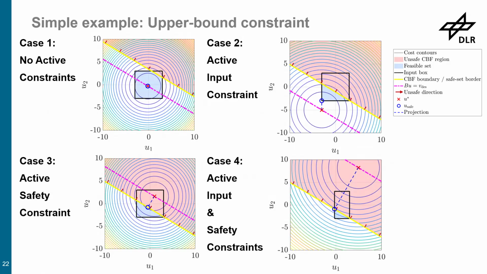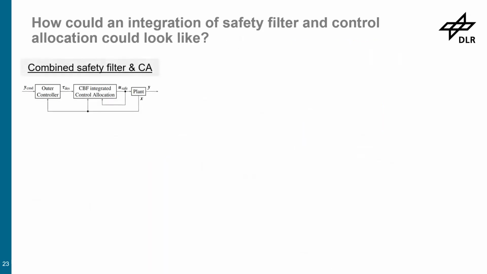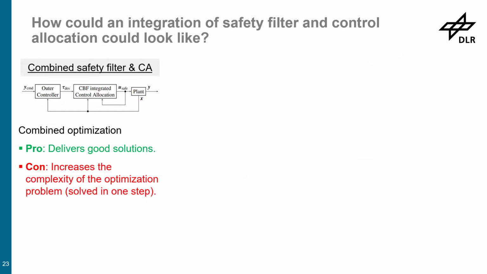This is what we saw in the control allocation problem: when you combine everything and construct the safety QP with all the constraints, you get very good solutions, but the complexity increases, right? If you have a lot of control inputs, say a system with 50 or 60 input variables and also a lot of safety constraints, you will get an issue.